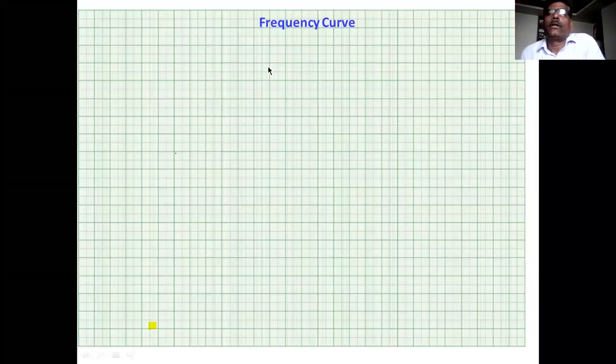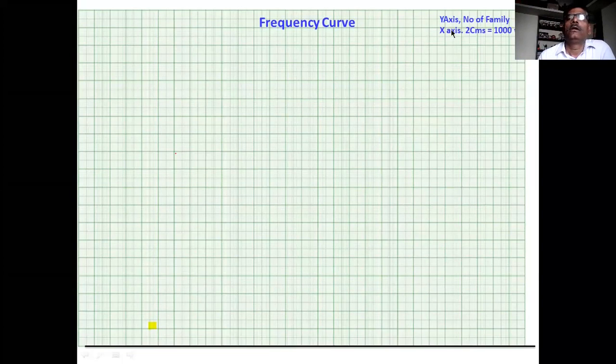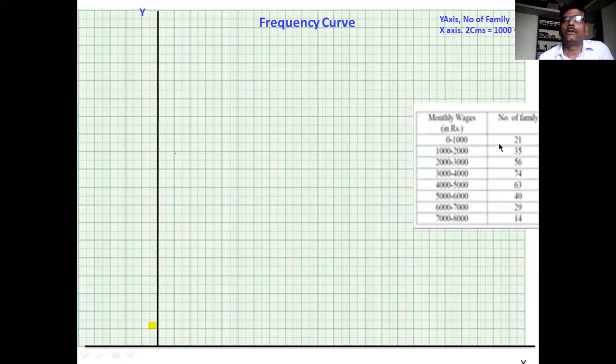You see the curve. This is the frequency polygon. Area is taken like this. X-axis, y-axis. This is for your convenience. I have taken the values here only. And on the y-axis the maximum frequency is 74. In the y-axis you have to cover a maximum of 74, so I will take multiples of 5.